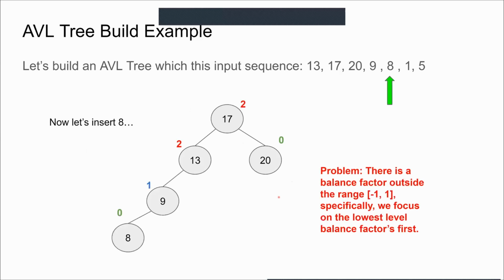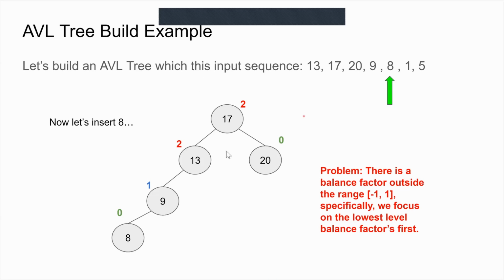Continue inserting. We get to a problem where we have a balance factor outside of -1 to 1 for 2 nodes. You might be tempted to pull down this whole thing and deal with it like that, but you should really look at the lowest level balance factor first, the lowest height, and deal with that one.